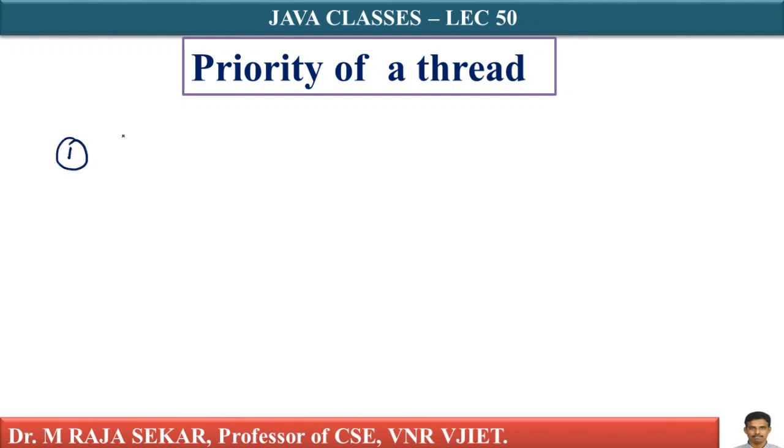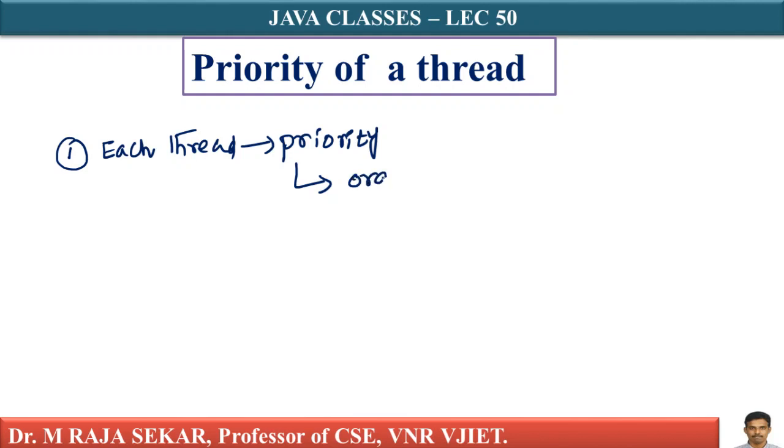Each thread can be assigned some priority. Depending on priority, this affects the order of execution. If a particular thread has higher priority, that thread will get executed first.